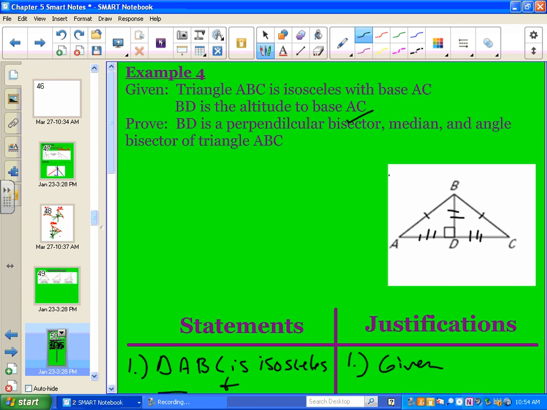I want to go back to D being a midpoint. What does that mean if D is a midpoint? Nathan? Yes, BD is a median, because a median goes from the vertex to the midpoint of the opposite side.